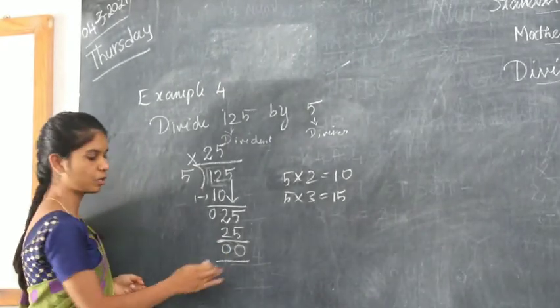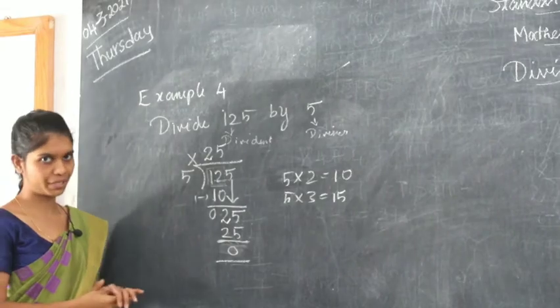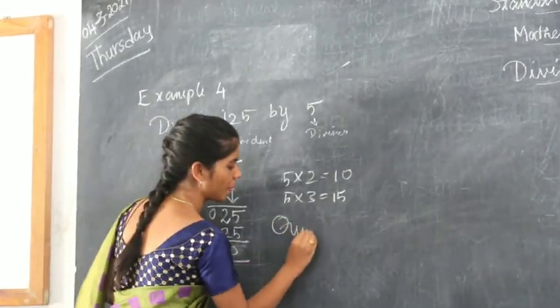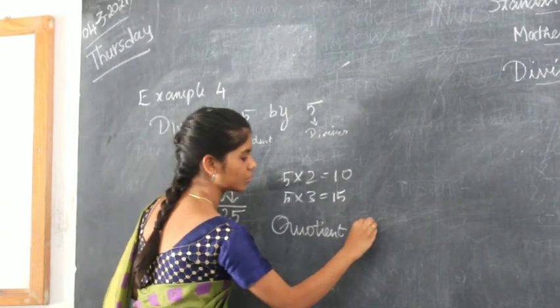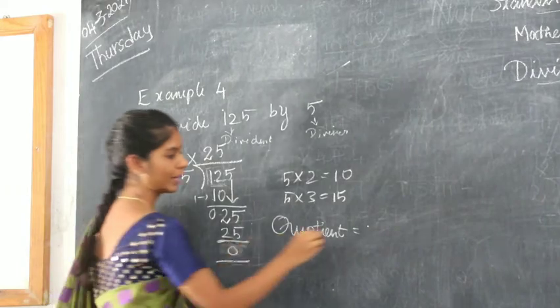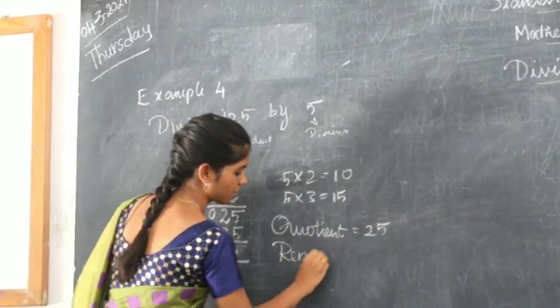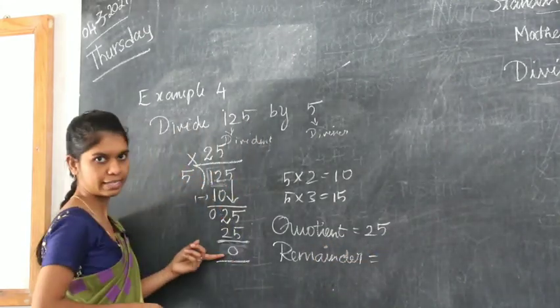So 25 minus 25 is 0. So your quotient will be, what is your quotient? 25. And your remainder will be 0.